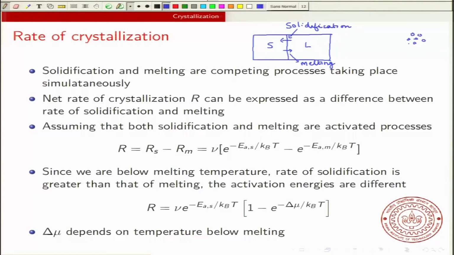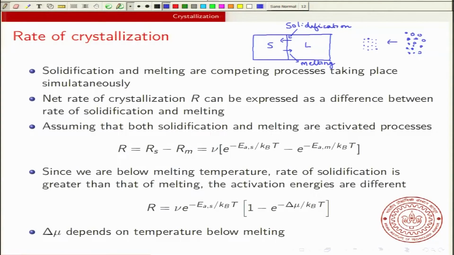If you take your particles, whether they are atoms or molecules, in the liquid state, suddenly a collection of particles arrange themselves and go to a solid state, to some ordered lattice. You have a collection of particles that are suddenly arranging themselves and forming a solid-like ordered structure.